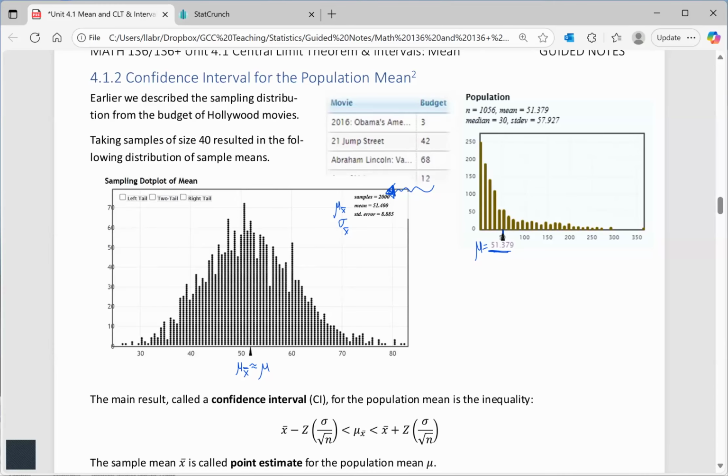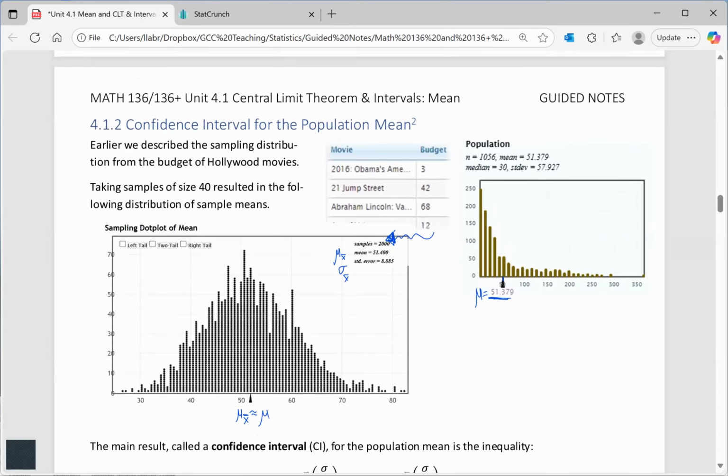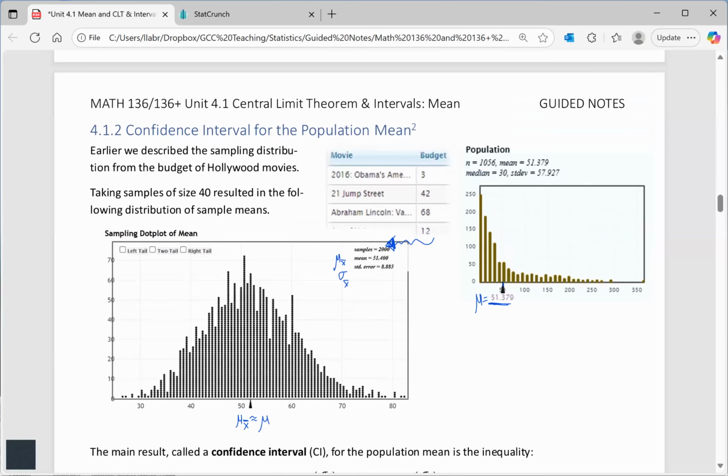When you have a normal distribution, roughly 95% of the data is within 2 standard deviations of the mean, and 99% of the data is within 3 standard deviations of the mean.